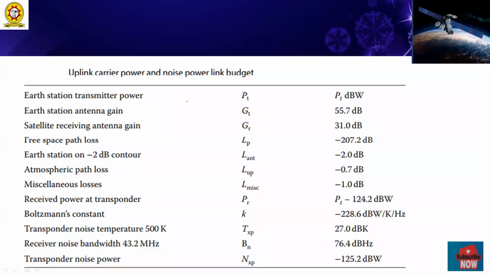In this one, the uplink carrier power and noise power link: PT, GT, GR, LP, earth station losses, miscellaneous loss, receiver power, Boltzmann constant, noise temperature, noise bandwidth, transponder noise power. For example, they will give it like this.